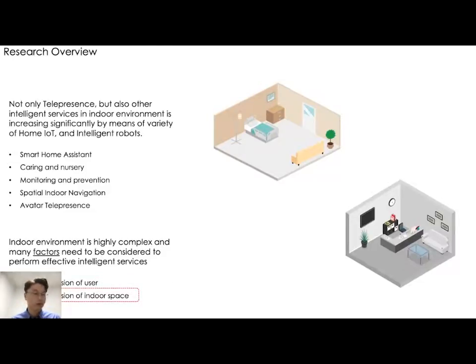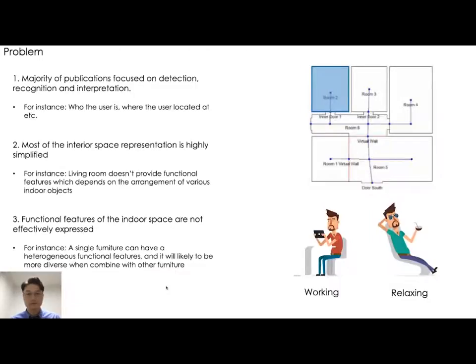Our work deals with understanding the indoor space. There's a problem. In academia, a lot of publications focus only on detection, recognition and interpretation of the user: where's the user and how could we detect him, right?